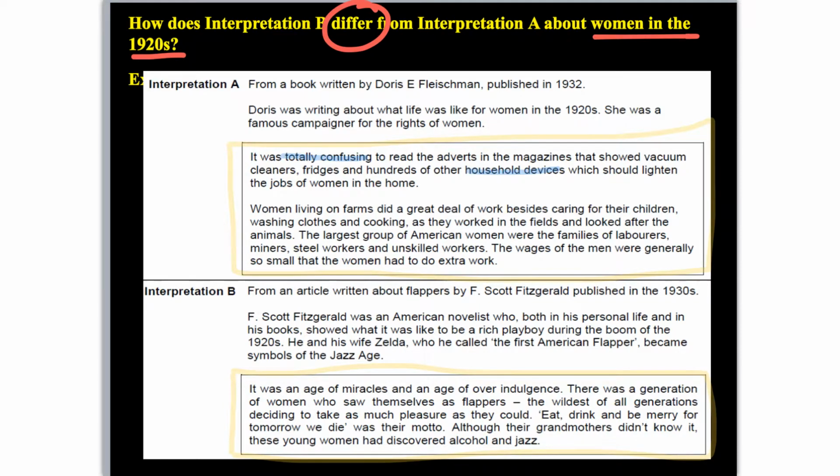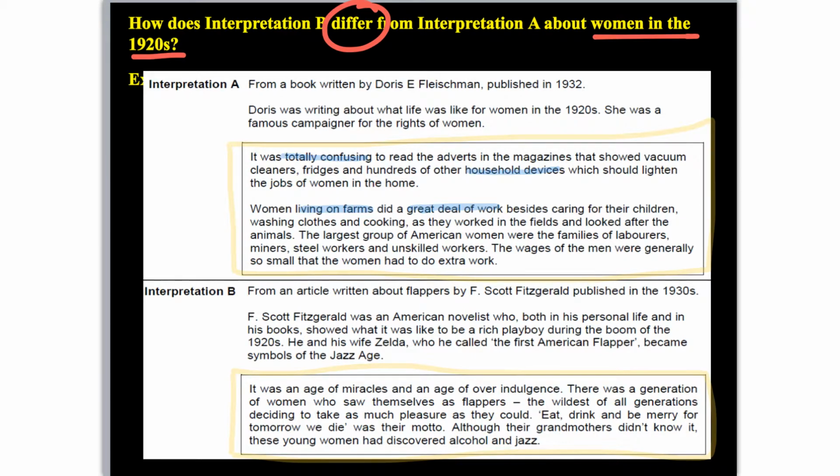She goes on, women living on farms, so that's important, she seems to be focusing on the farms itself, did a great deal of work besides caring for their children, washing clothes and cooking as they worked in the fields and looked after the animals. The largest group of American women were the families of labourers, miners, steel workers and unskilled workers. The wages of the men were generally so small that the women had to do extra work.